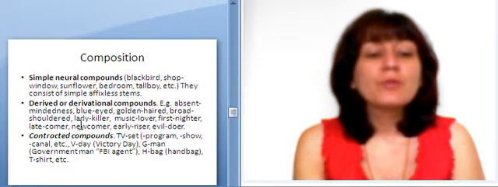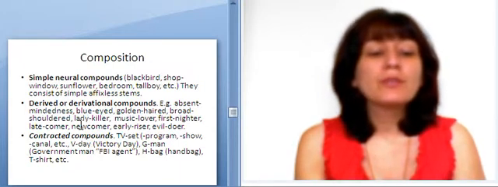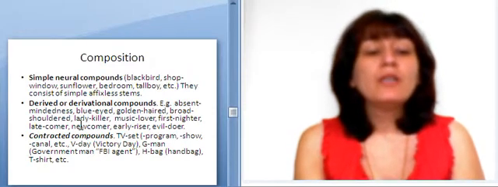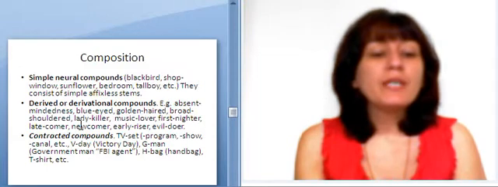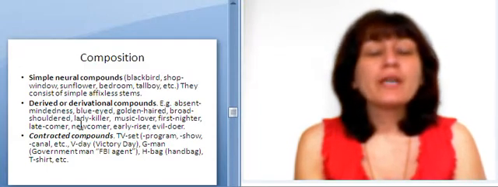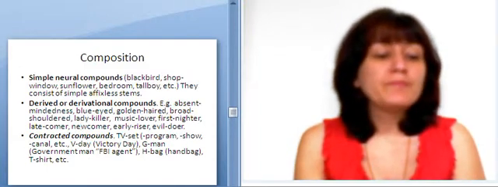Derived or derivational compounds, for example, absent-mindedness, blue-eyed, golden-haired, broad-shouldered, lady killer, music lover, first-nighter, latecomer, newcomer, early riser, evildoer. Contracted compounds, for example, TV set, TV program, TV show, TV canal, V-Day, G-Man, H-bag, T-shirt, etc. Morphological compounds are few in number.